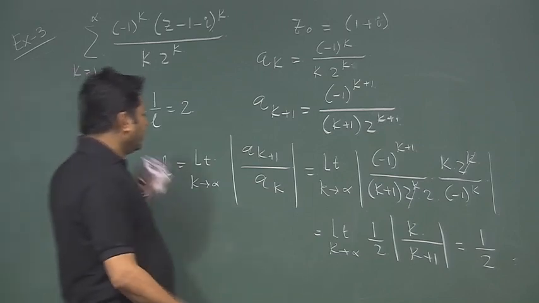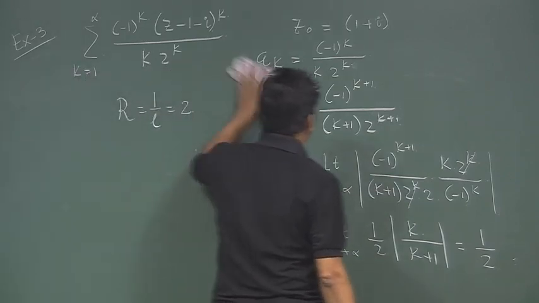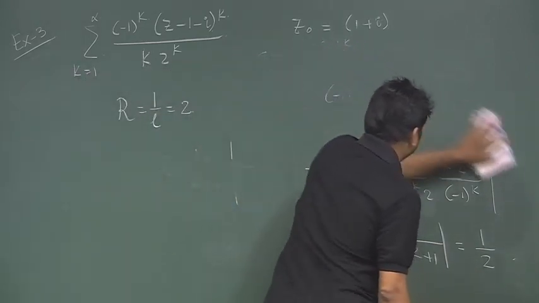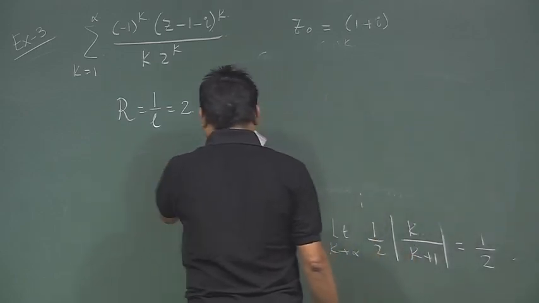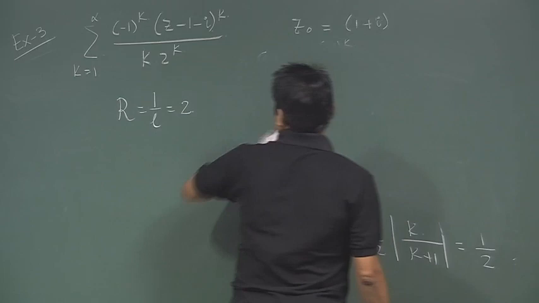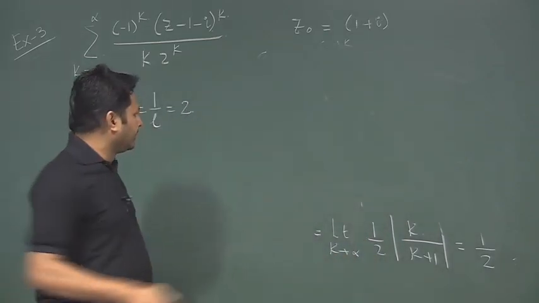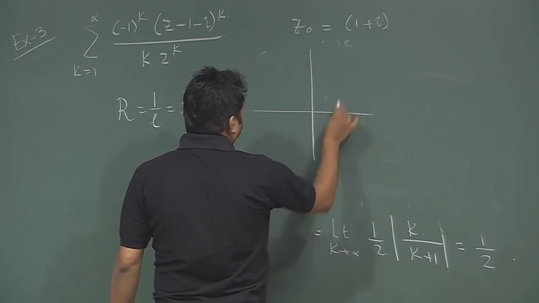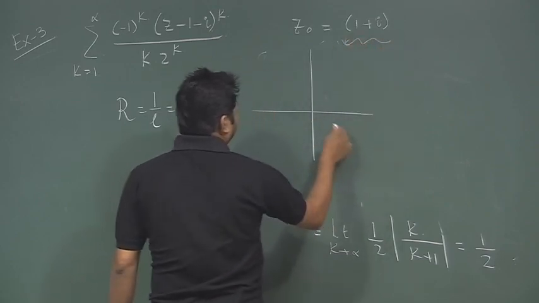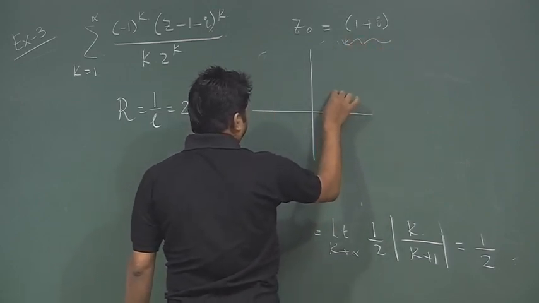So, where should the region of convergence be? The radius of convergence is 2, I find. For which set of z values does this series converge? The point 1 plus i is somewhere here, this is 1 and this is i.